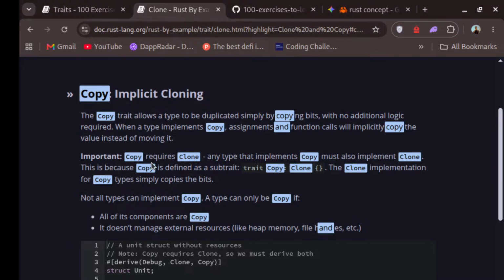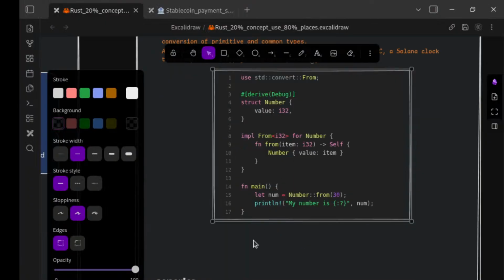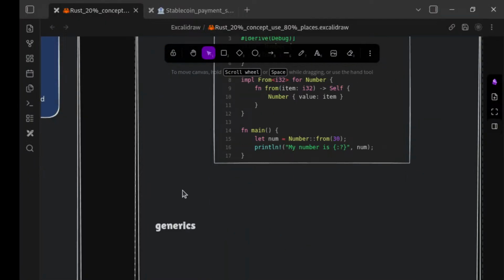Importantly, Copy requires Clone, and any type that implements Copy must also implement Clone. This is because Copy is defined as a subtrait of Clone. Okay, this is important. I never knew this. Copy is a subtrait of Clone, that means a parent and child relationship.